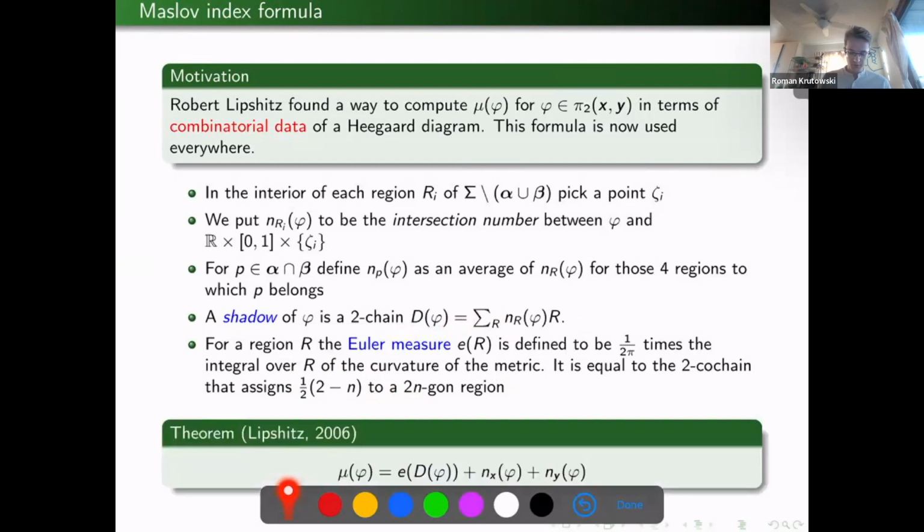Then Robert Lipshitz proved that the Maslov index of class phi can be given by this formula. One needs to compute the Euler measure of this shadow and the coefficients at the endpoints of this class phi, where, when we have a collection of points x like here, so it's x1 through xk, we just take a sum of such numbers for each x_i.